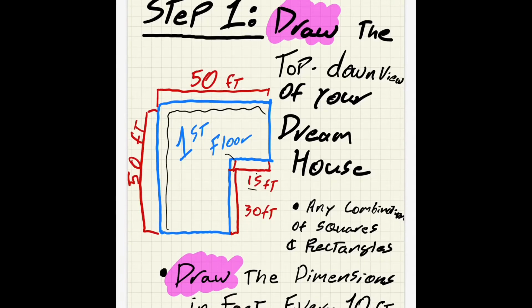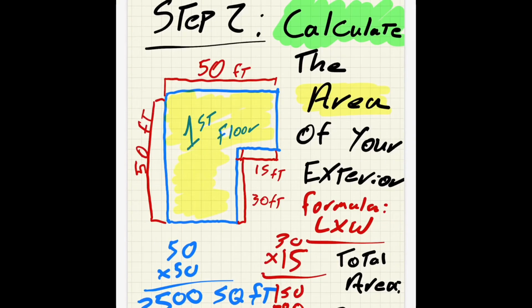On to step 2. Once you've drawn the top-down view of this, you need to calculate the area of your exterior. Remember, formula for area is length times width. If we happen to have multiple shapes here, we can either multiply to find this area and this area, or we can multiply the total area and subtract that part there.